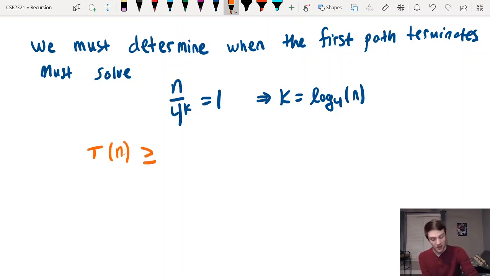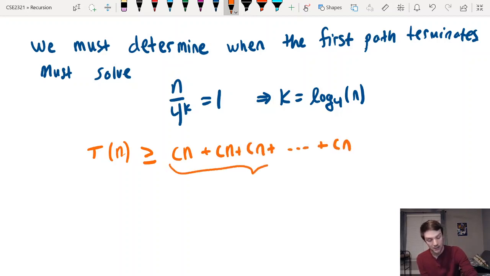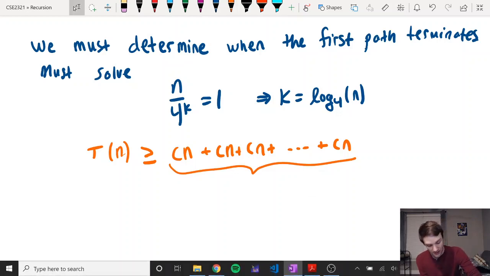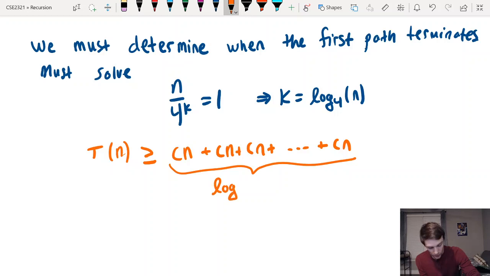If I'm cutting off at the orange line, the cost of each level is cn plus cn plus cn, a whole bunch of copies of cn. How many copies? There's one for each level of the tree that I'm paying attention to. How many levels are there? There were log base 4 of n levels.